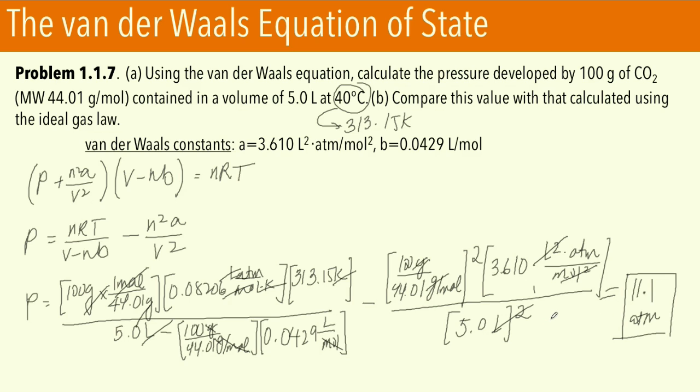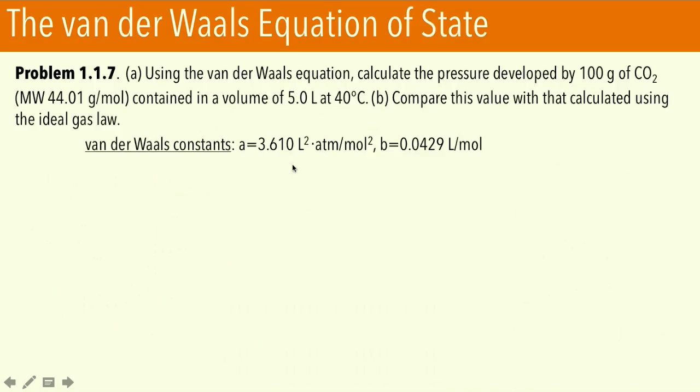All right. Let's try calculating this now with the ideal gas equation. The ideal gas equation is just PV is equal to nRT. So solving for pressure, this is straightforward: nRT over V. Let's plug in the information.